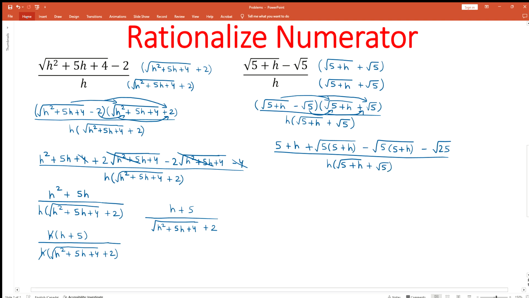Next, we should simplify the expression in the numerator. Plus square root of 5 times 5 plus h minus square root of 5 times 5 plus h cancel each other out. Square root of 25 is equal to 5. Next, we can cancel out the 5's in the numerator.